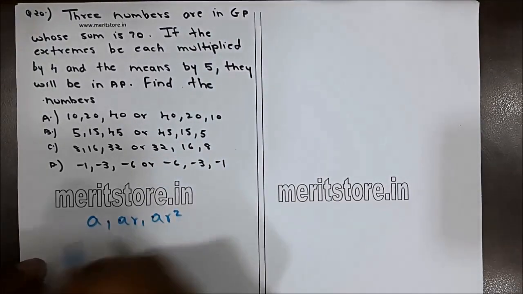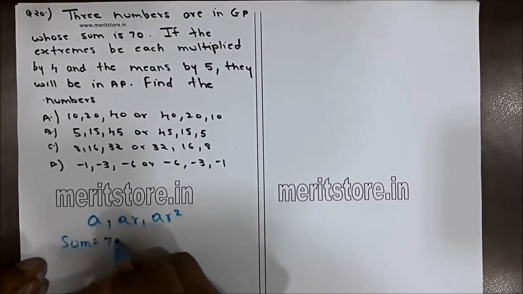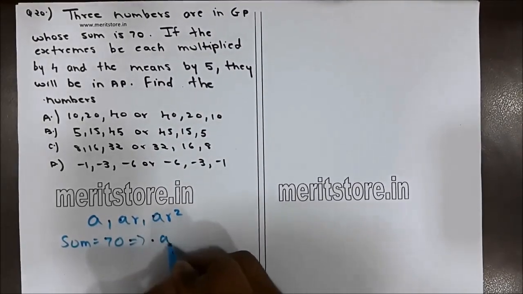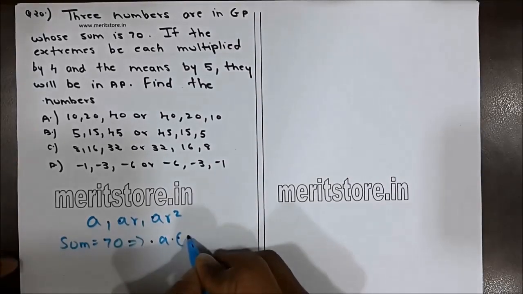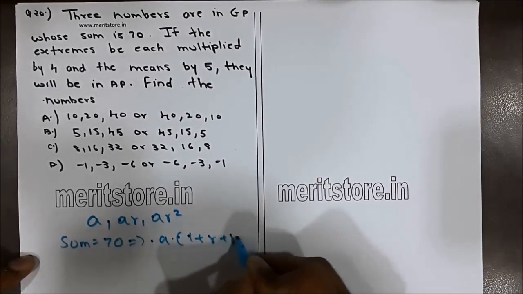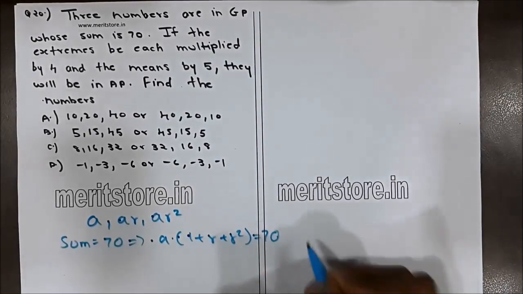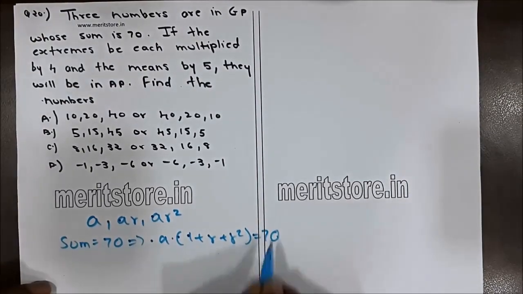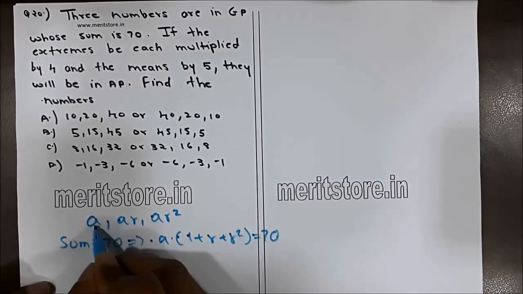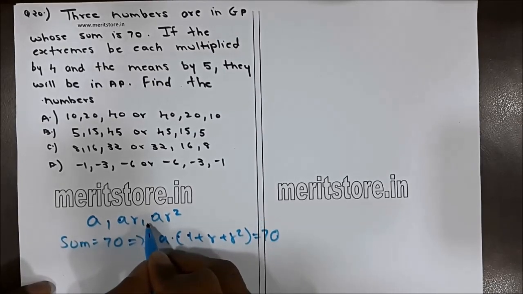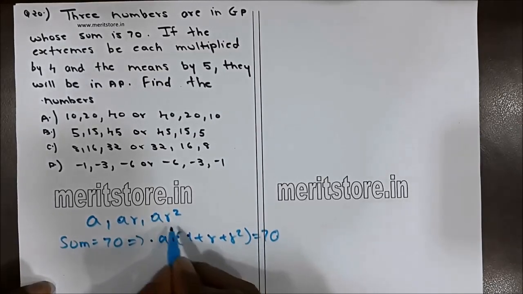So sum is equal to 70. We take a as common, we get a(1 plus r plus r squared) is equal to 70. This is the first condition where sum is equal to 70.